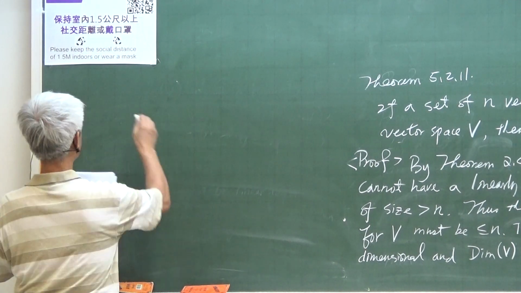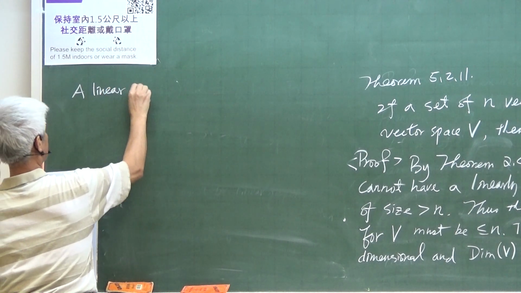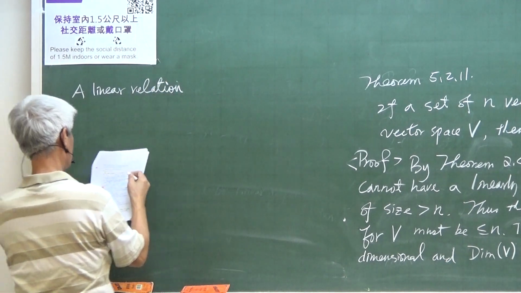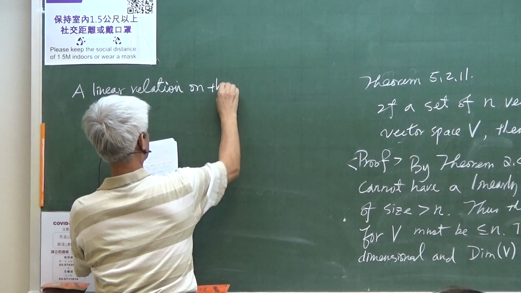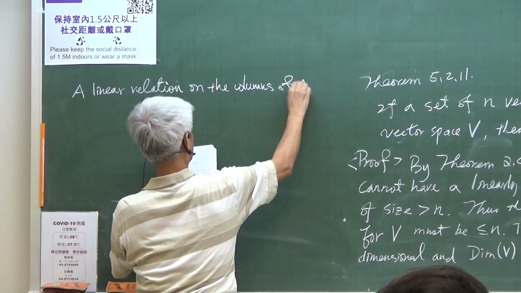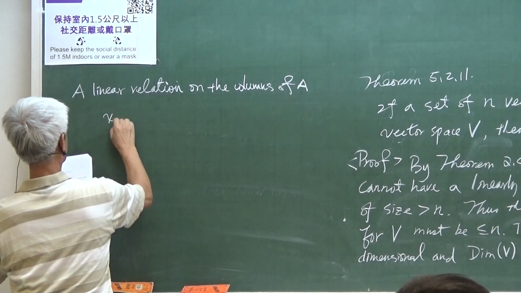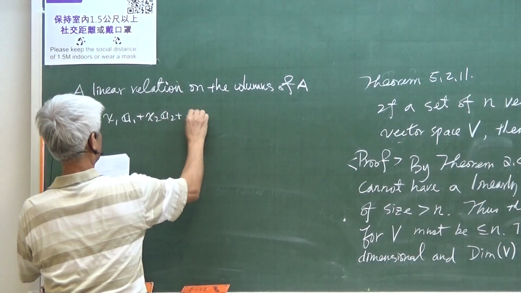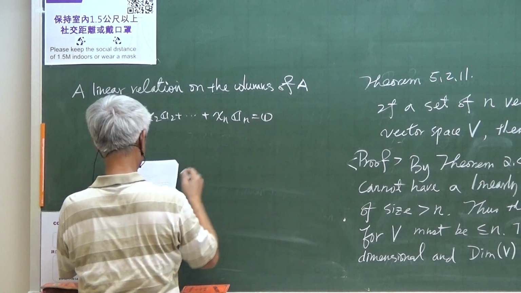Right? So this is a linear relation. Okay? So a linear relation on the columns of A, say x1 a1 plus x2 a2 plus ... plus xn an equal to 0.